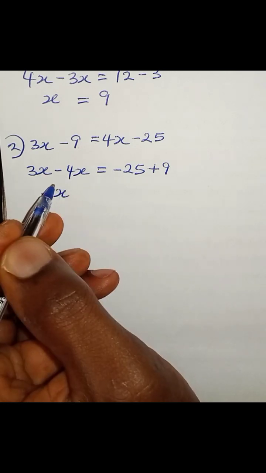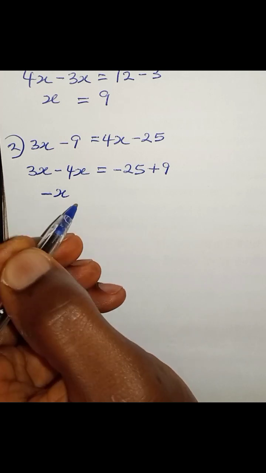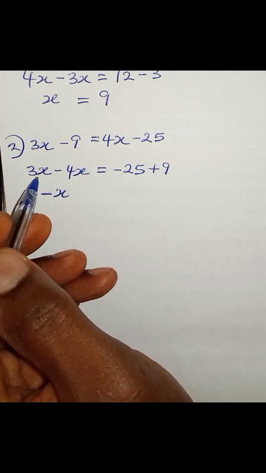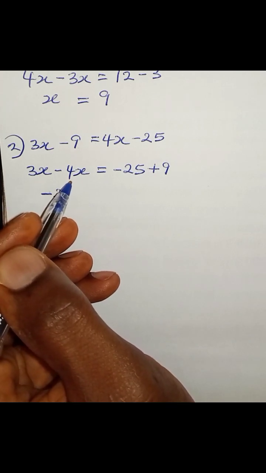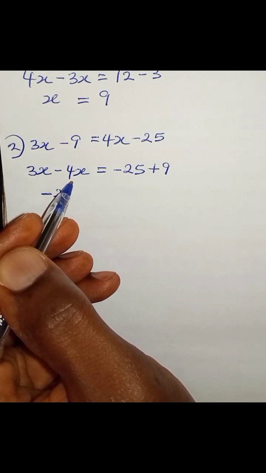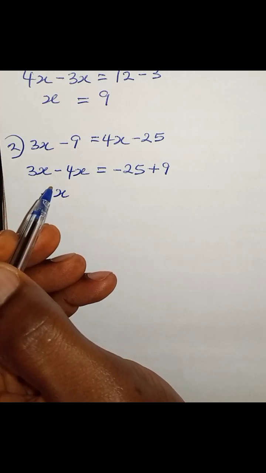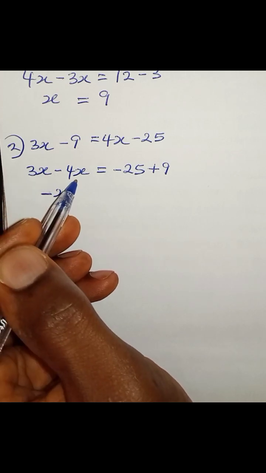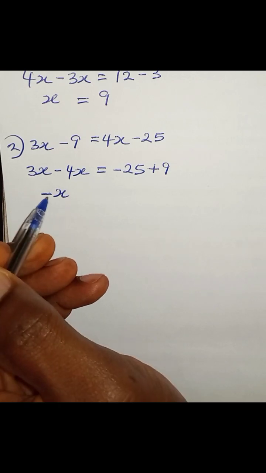So what we do, we remove 3 from 4x and we put our minus sign. Or say you borrowed 4 naira, or $4, and you have $3. When you pay 3 out of the 4 you borrowed, you will still be owing 1. So that's how we have minus x.